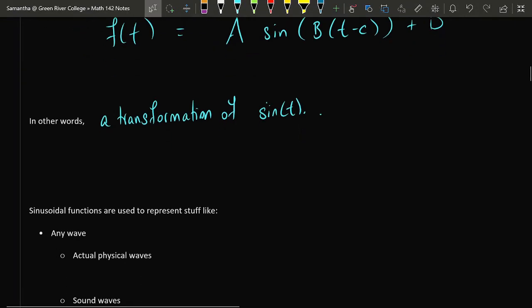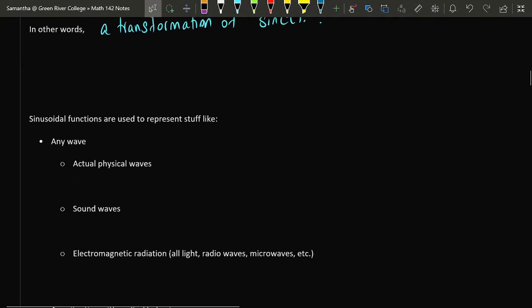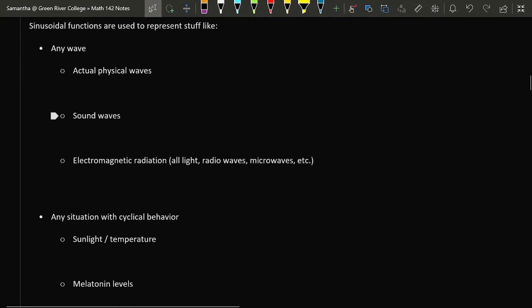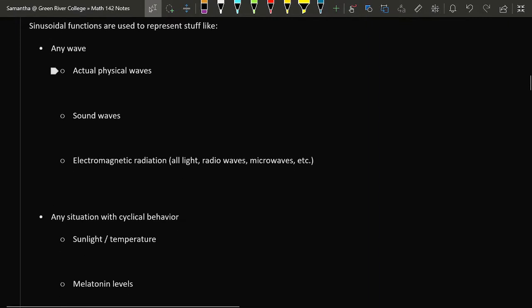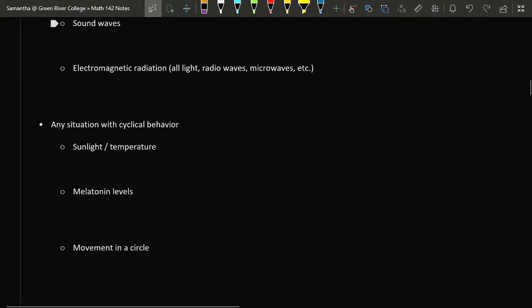So sinusoidal functions, as we discussed in the beginning of the video, can be used to represent any kind of cyclical or wave-like behavior, including actual physical waves in water or some other liquid. Sound waves, for example, are represented by sinusoidal functions, as well as electromagnetic radiation.